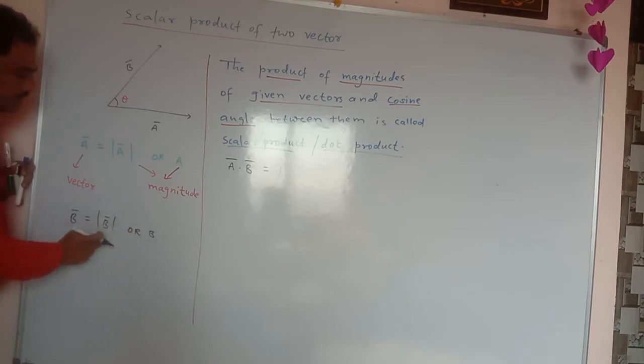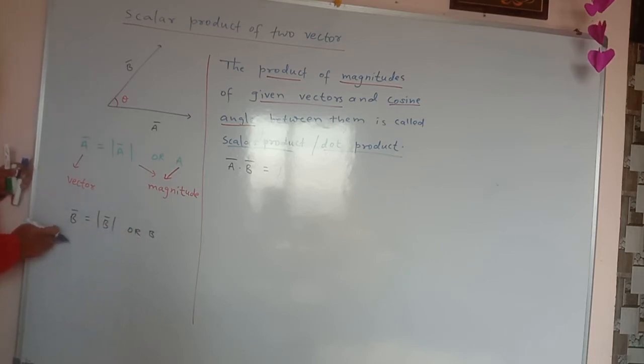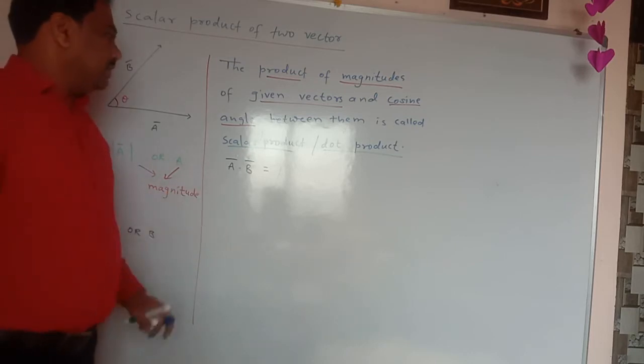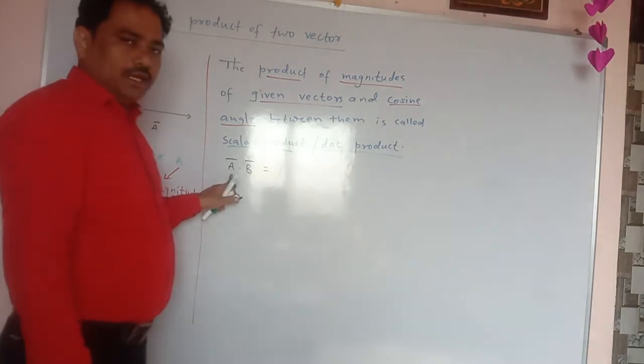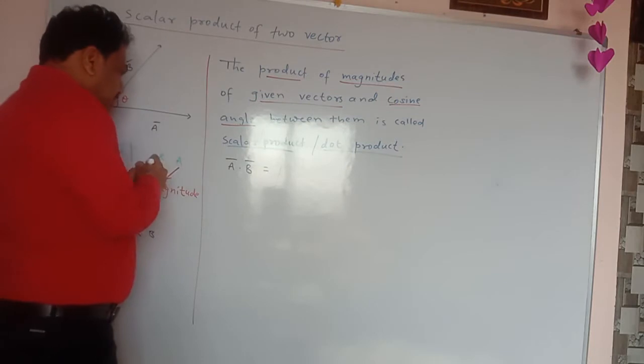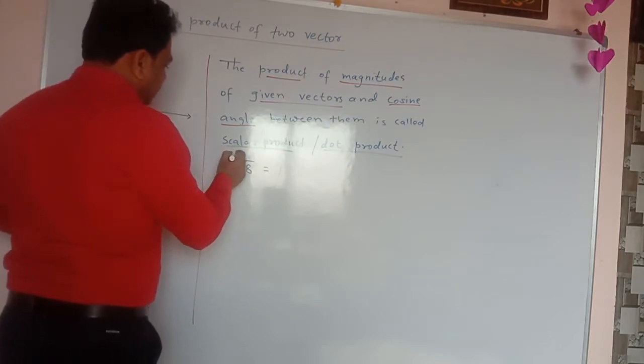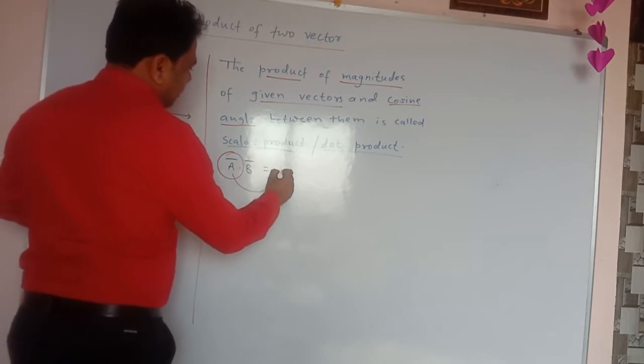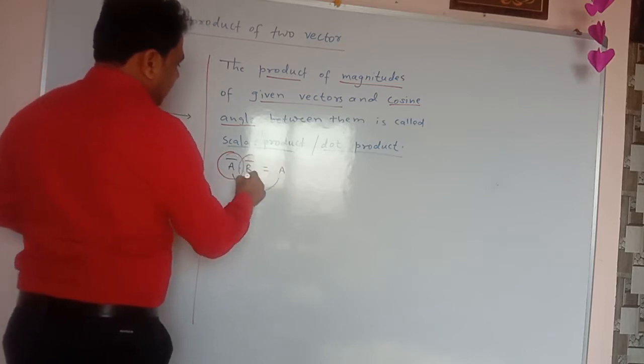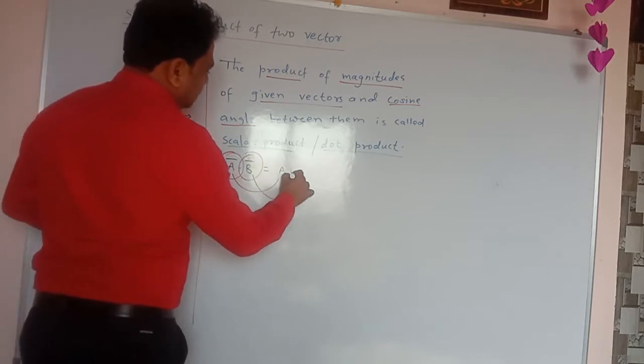So similarly for vector a, the magnitude of vector a is a, and the magnitude of vector b is b.